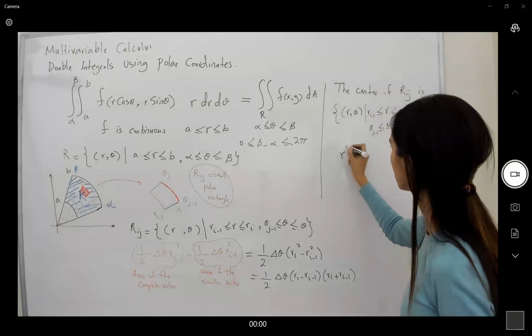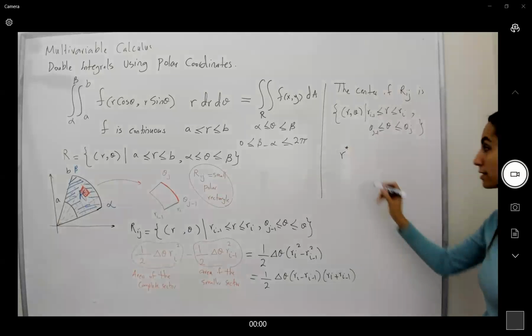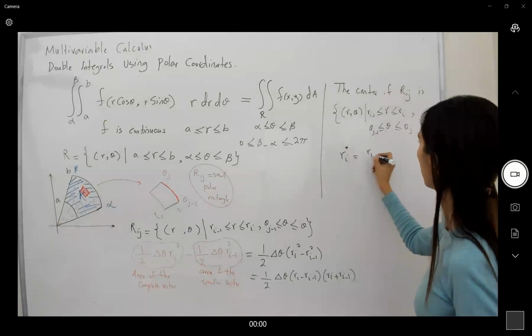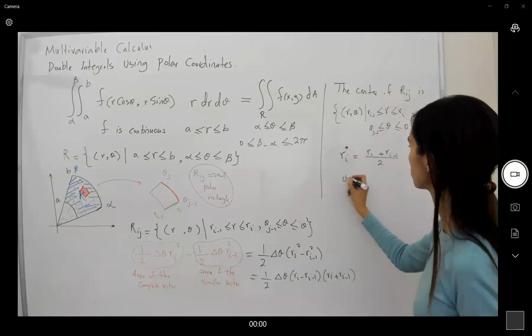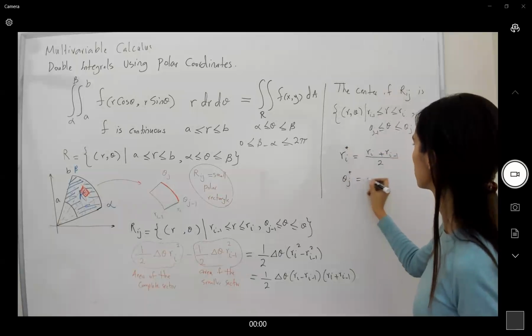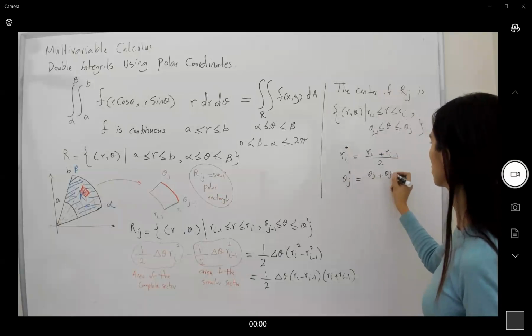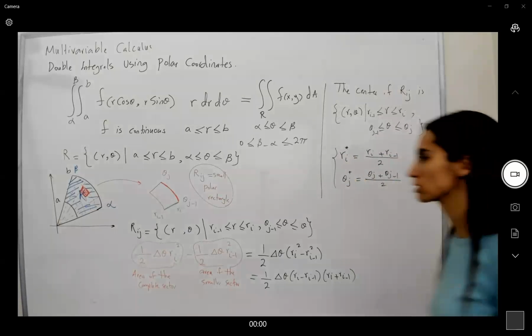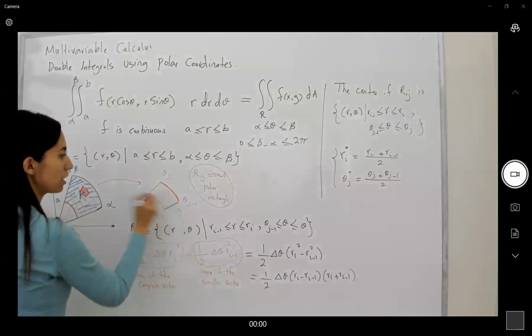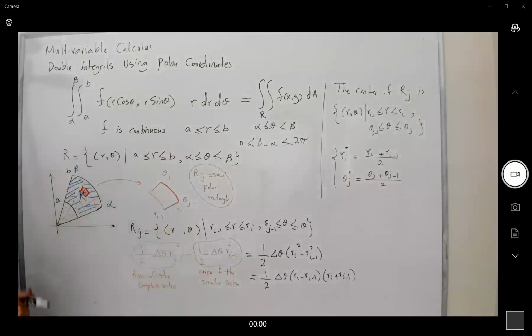Okay, now I'm going to take the midpoints and define it this way. I have Ri star, which is defined as Ri plus Ri minus 1 divided by 2, and theta j star, which is theta j plus theta j minus 1 divided by 2. It helps me to actually focus on the center of this region and take the integral.